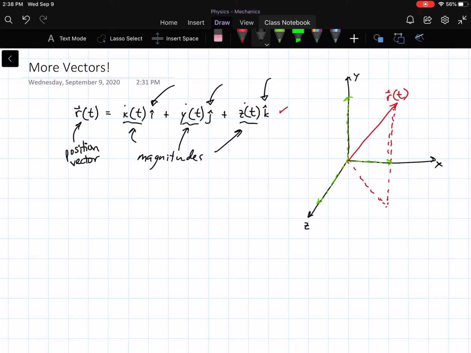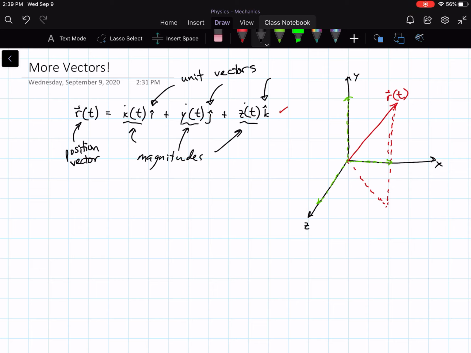Now, these i, j, k with little hats on them, those are what are called unit vectors. And they're called unit vectors because they are vectors of unit length. So unit length meaning length of 1. And so they don't change the magnitude of these coefficients, these x's and y's and z's. They just indicate direction.